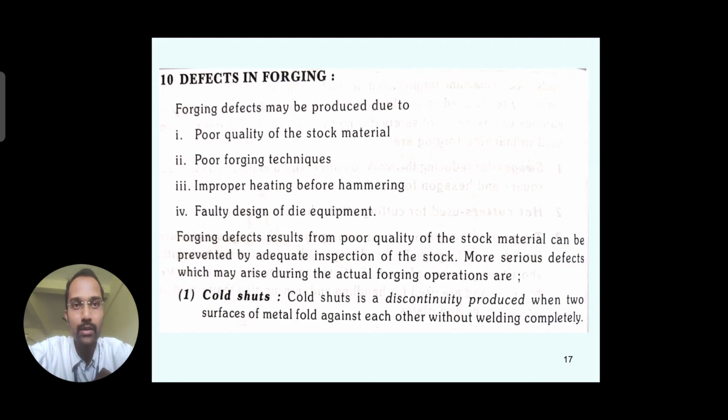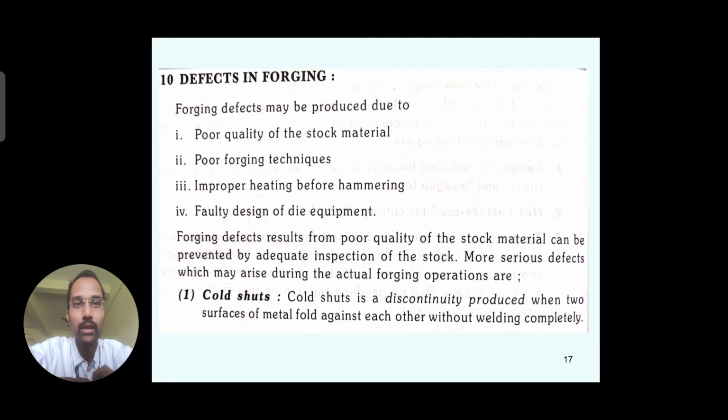Why are errors obtained in this forging operation? It may depend on the following things. The quality of the product is poor, because the received lot or whatever stock material it is, is completely of poor quality.